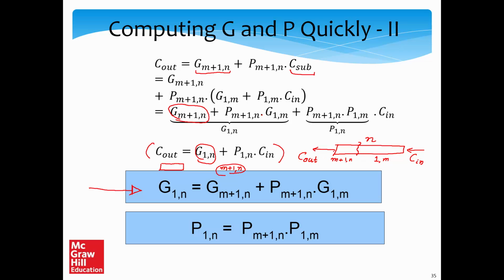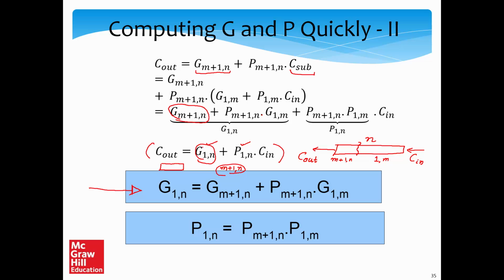When will the carry output be 1? The carry output will be 1 if the entire block of n bits either generates a carry, which means irrespective of the carry input, the carry output will be 1, or the entire block from 1 to n propagates the input carry, and the input carry, if it's 1, makes the carry out 1.